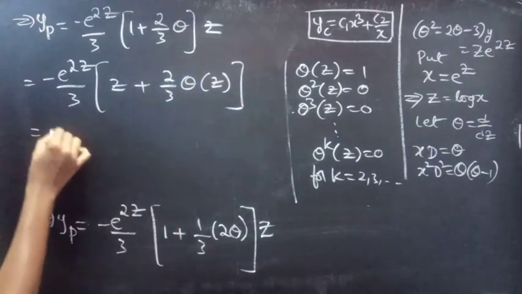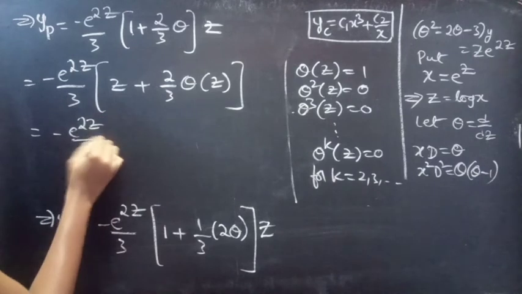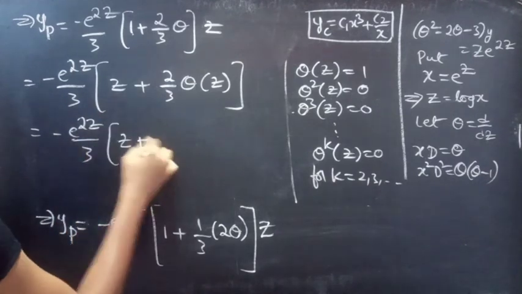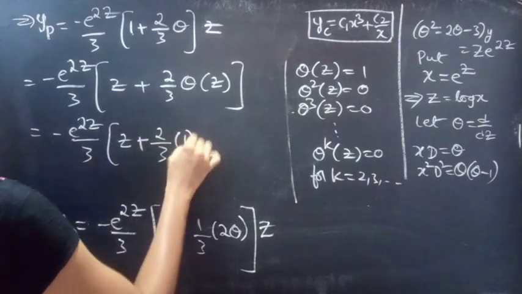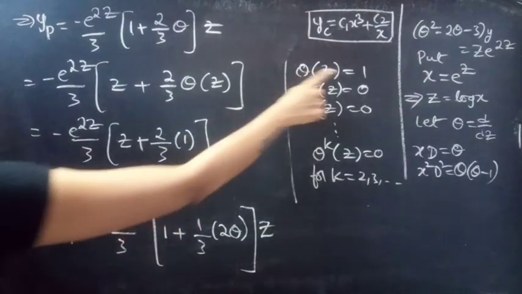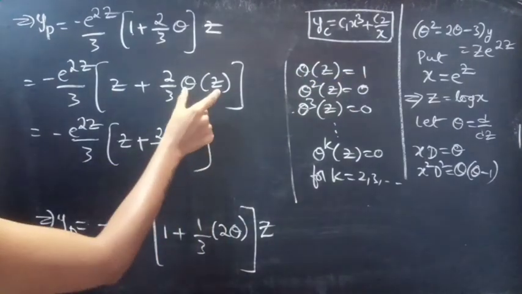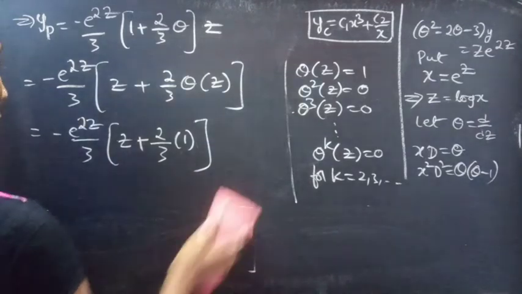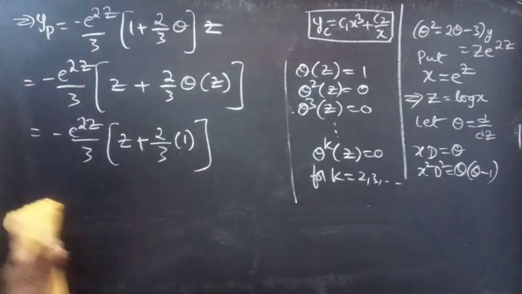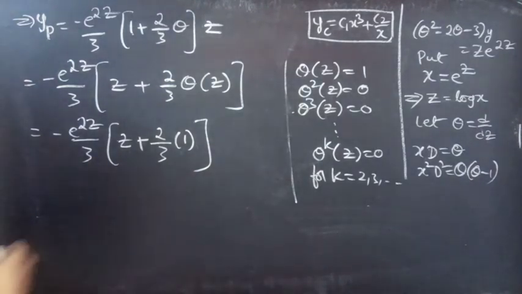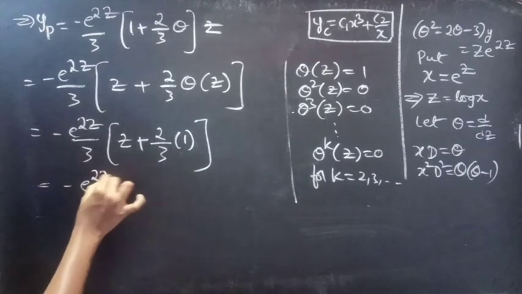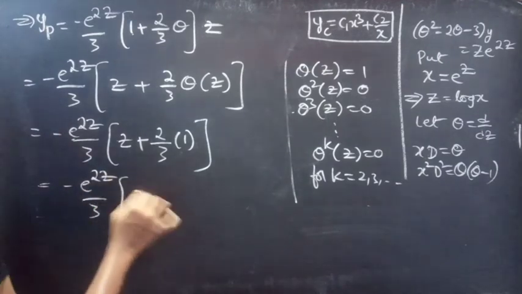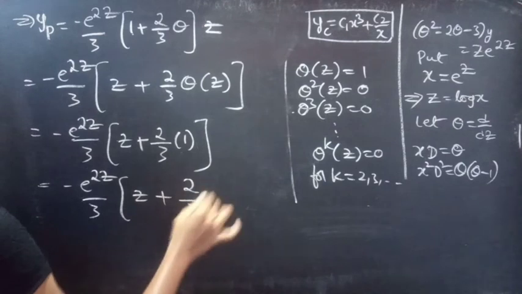We have the value for theta of z, right? Let's place the value. Theta of z is 1, so we have placed the value of theta of z here. This equals minus e power 2z by 3 into z plus 2 by 3.